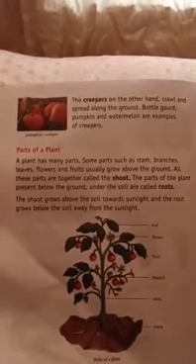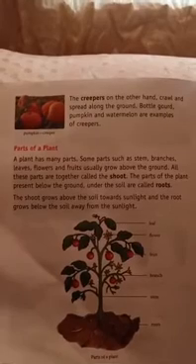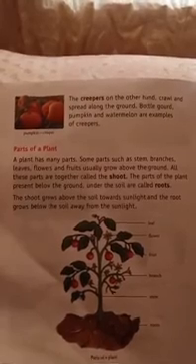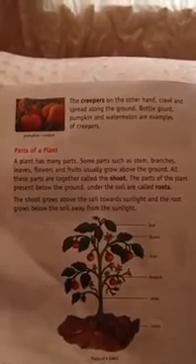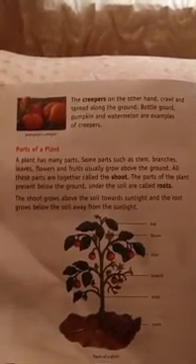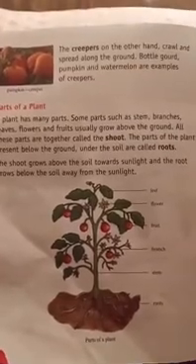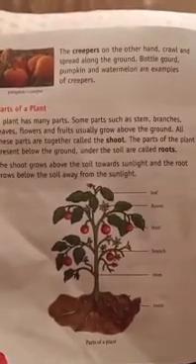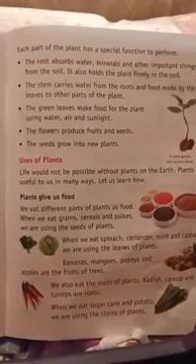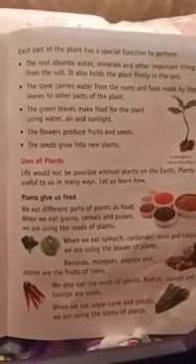The parts of a plant that are under the ground, that is roots, are called the root system. Look at the diagram clearly. It shows clearly the parts of a plant. Now let's learn about what work is performed by those special parts of a plant.